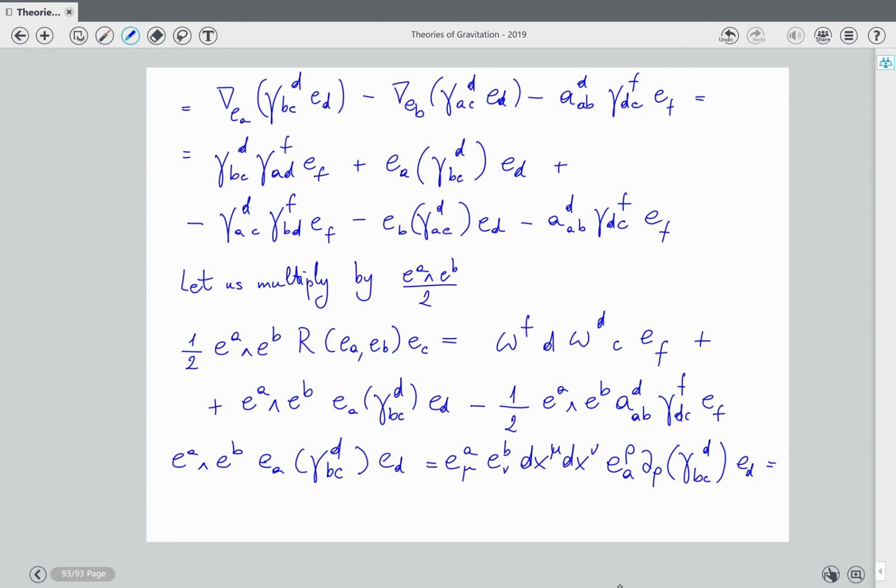Now let's look for contractions. This and this are contracted, and they give delta mu rho. Delta mu rho transforms partial rho into a partial mu, and partial mu with dx mu is the exterior derivative if you place it in the right place. Oh, first I should have cancelled a little bit of things there.